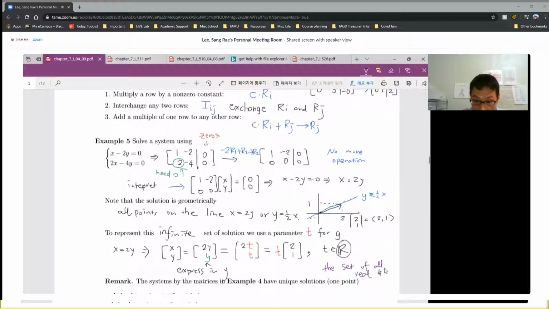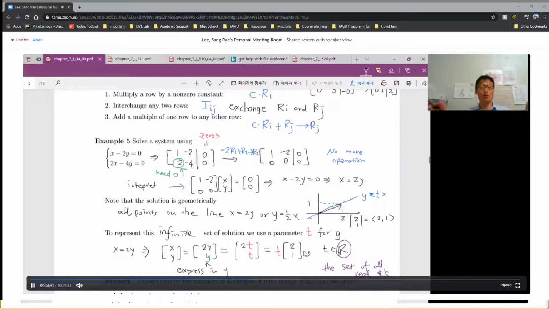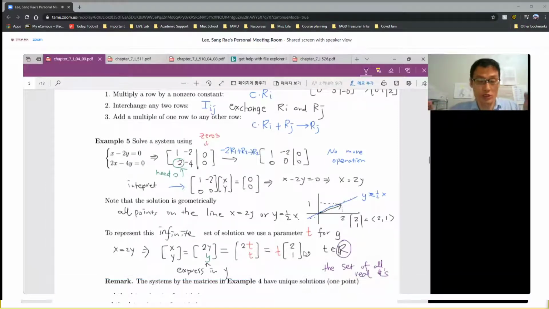By putting this condition, t can be any real number, you are declaring that the solution x and y can be any multiple of the vector (2, 1). That's exactly what we want. All the points on the line can be expressed as any multiple of the vector (2, 1). So this is how to express an infinite set of solutions.